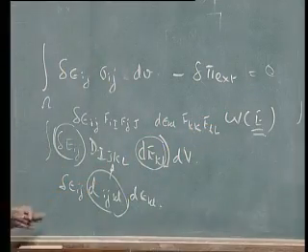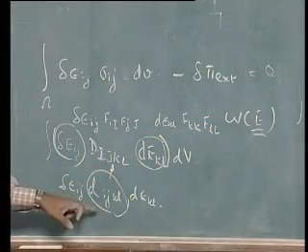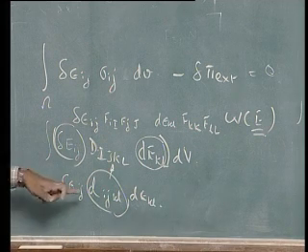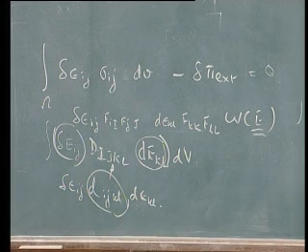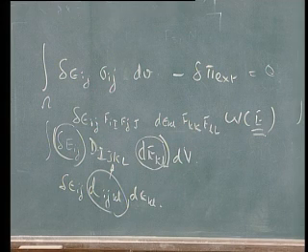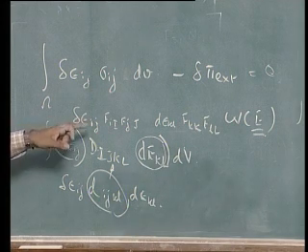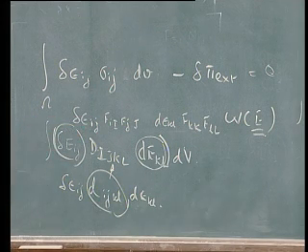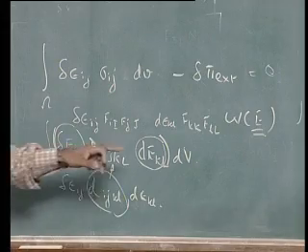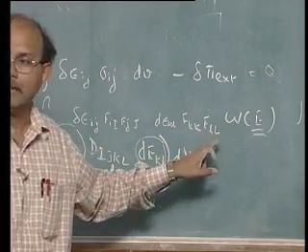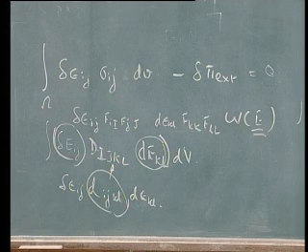Substitute that. So I define, note this carefully, I define d ijkl to be F_ii F_jj F_kk F_ll into D ijkl.